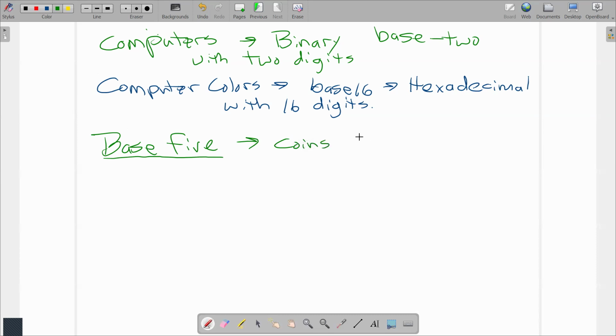We're going to work with quarters, nickels, and pennies. So if I model a base 5 system after our base 10 system, then it's going to be based on powers of 5 for place value.